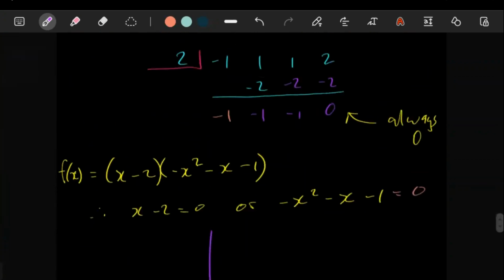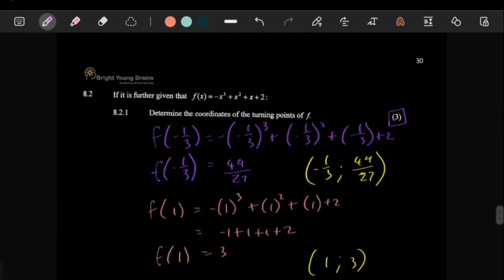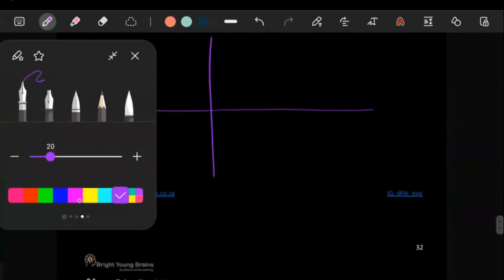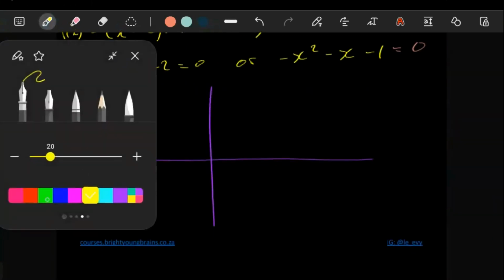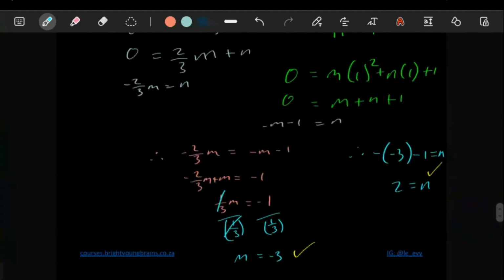Let's see, what is next? Oh yeah. If you're going to draw your graph, we first need our turning points. The first turning point was at x equals negative a third.